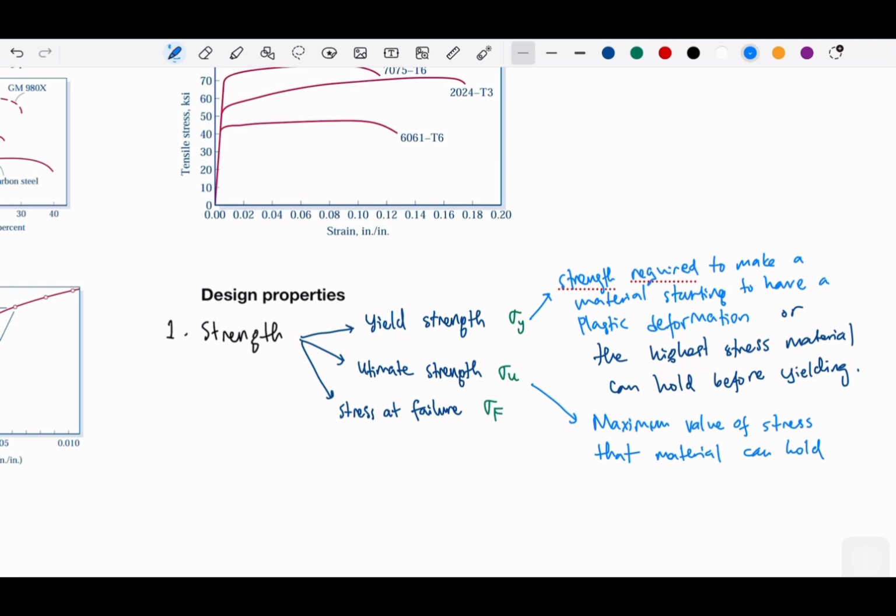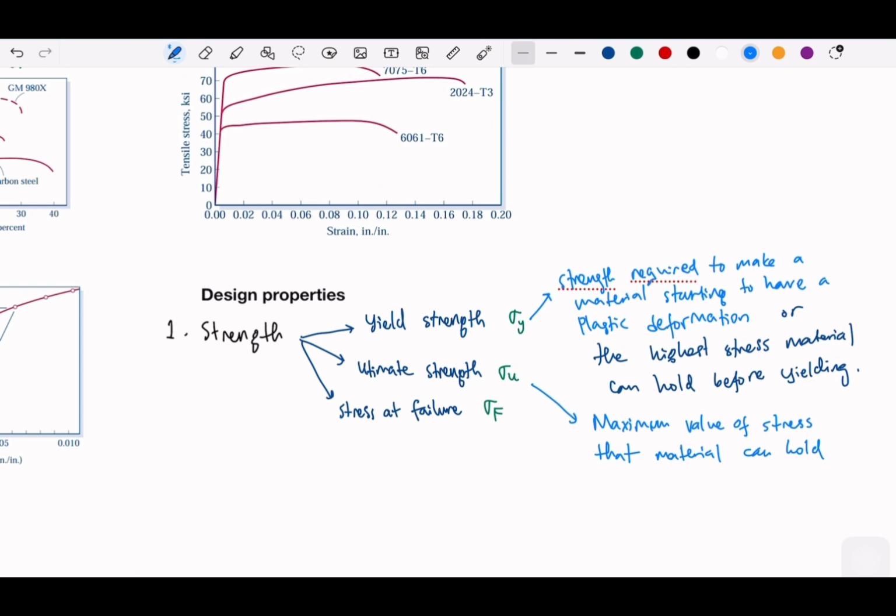For the yield and the ultimate, the point can be seen from the curve directly, or you can see it from the data for the ultimate. And the stress at failure is basically the stress at the point of failure. You need to know the differences.